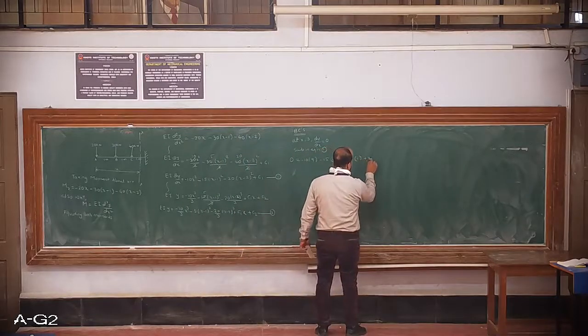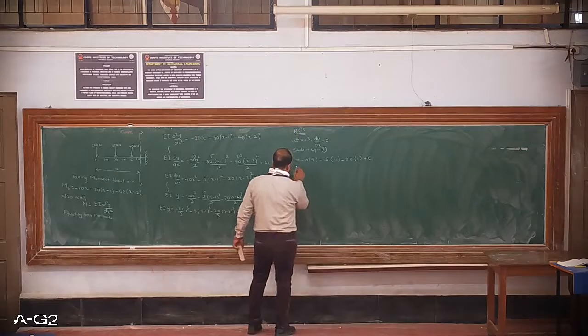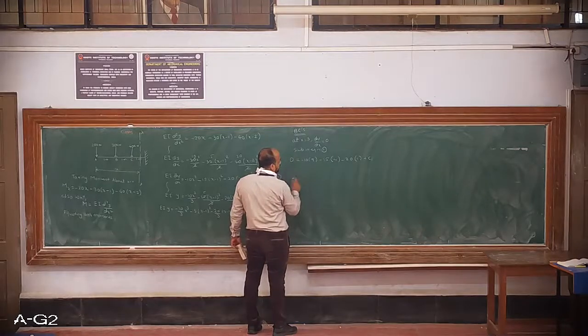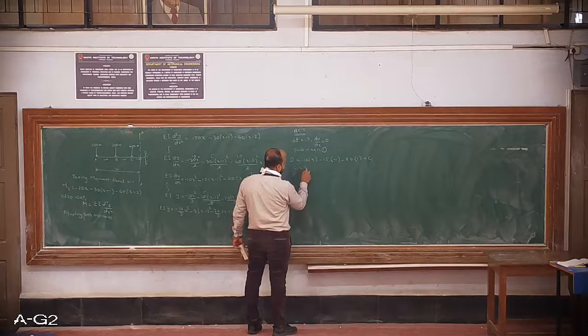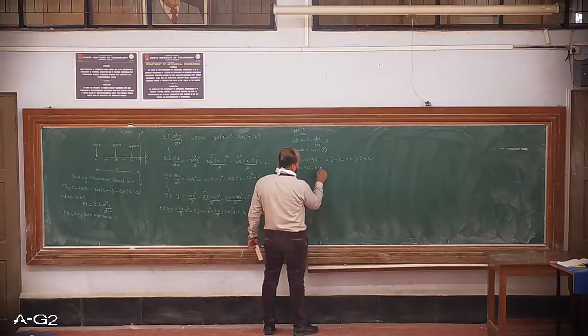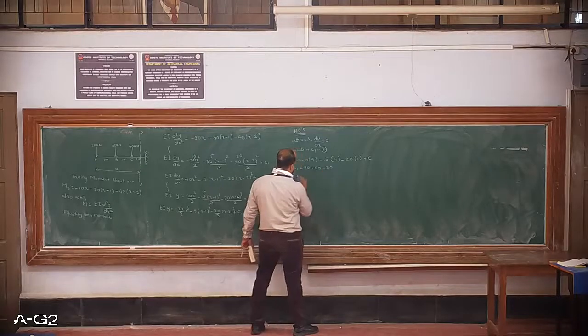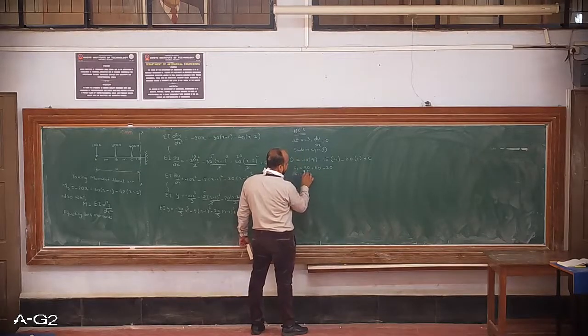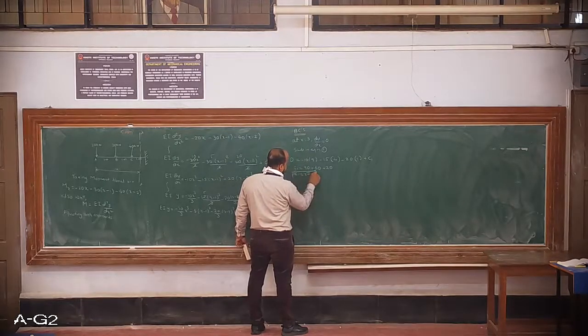Plus C1. So what you will get? C1. So everything is minus, I will shift this side. C1 is equal to 10 into 9 is 90, plus 15 fours are 60, plus 20. So C1 you will get 90 plus 60, 150 plus 20, 170. This is what you will get as C1.